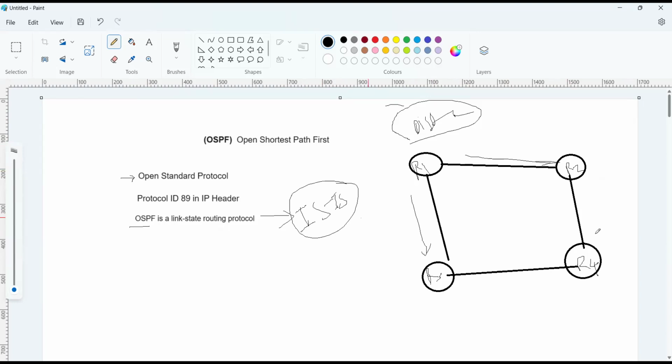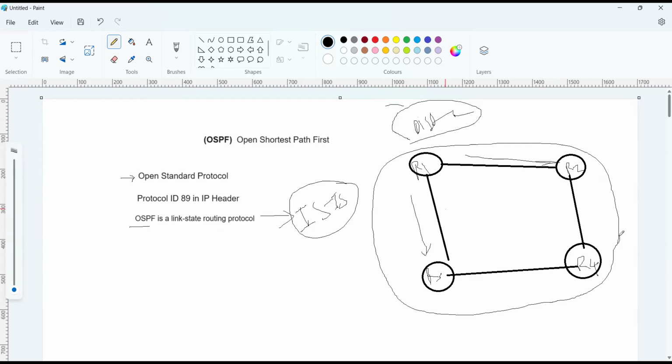A link state routing protocol has the entire topology routing information, whereas in distance vector routing protocols the routers have only the neighbor information, not the entire routing information.